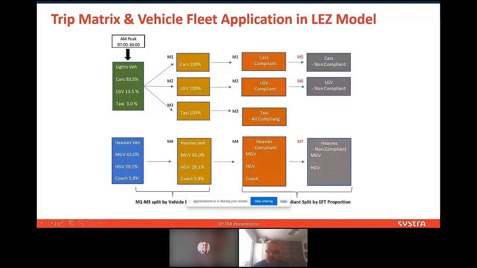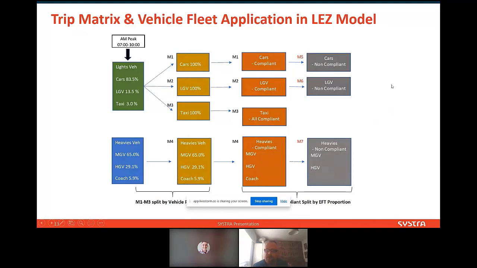But remember, the taxis remained as they were. This is why we have to pull taxis out of that matrix, because taxis remained compliant. For heavies, it's quite similar, but we kept the heavies compliant matrix, and we split out a non-compliant matrix for heavies for OGV1 and OGV2.